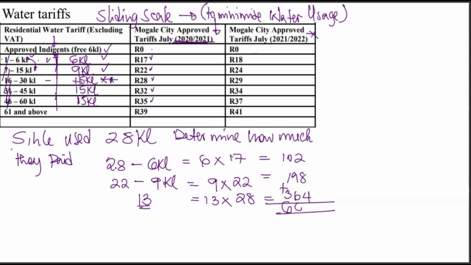We get 664. This is the amount. But remember, when you're paying, you have to include VAT, yet the prices they're telling us exclude it. So what we do, we always need to include. How do we include? We multiply by 1,15.